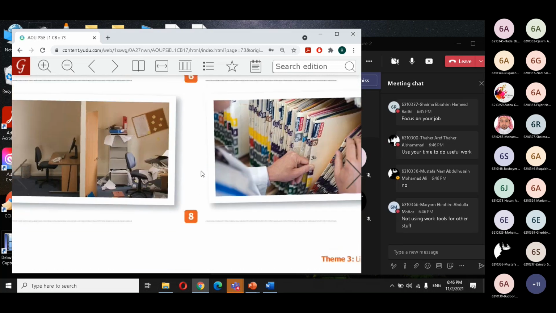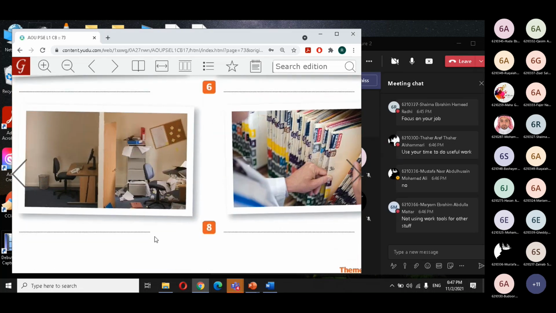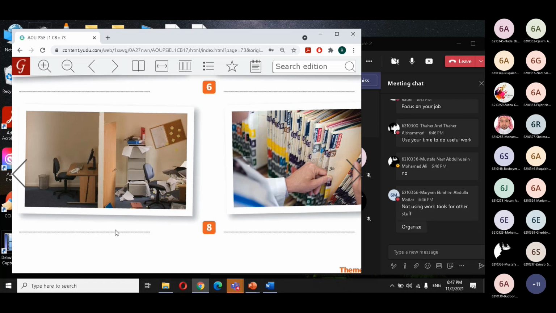Okay, the last 2 pictures. You have to organize your office. Excellent. Look here. These are two pictures.